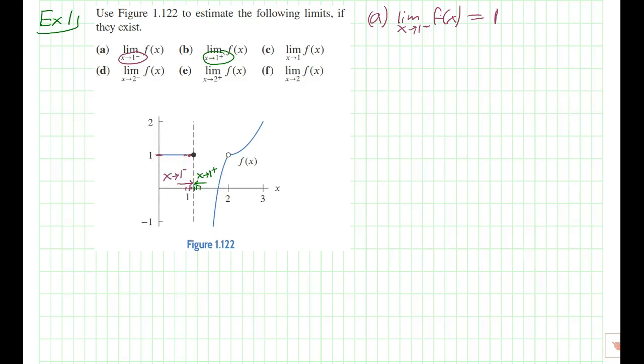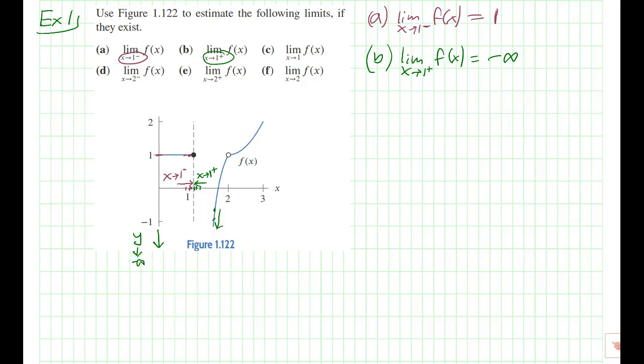As x gets closer to 1 here, the output of this function is just getting really small, and that's why there's this dotted line, so you know there's an asymptote. It looks like they're approaching negative infinity, bigger and bigger negative numbers. So for B, the answer should be negative infinity, because y approaches negative infinity down that way.